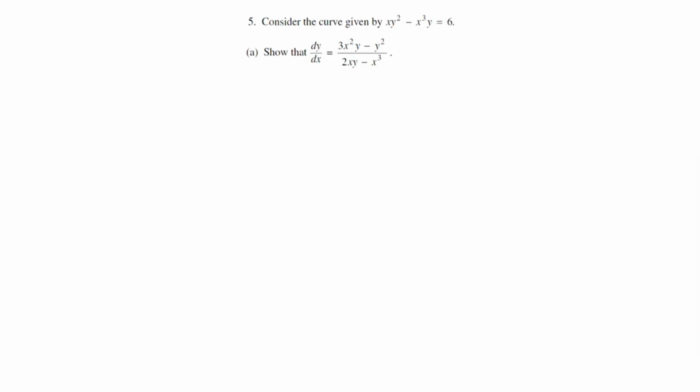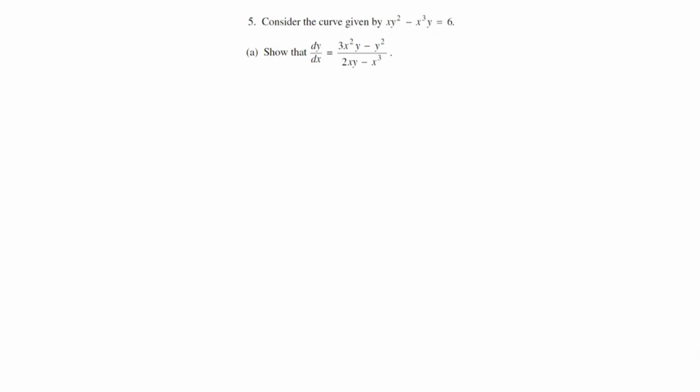All right, this is question number 5 from the 2000 AP Calculus AB exam. It's a function FRQ where we're given the curve xy squared minus x cubed y is equal to 6. And we're first asked to show that the derivative is that expression that they've given us. So we'll take the derivative implicitly with respect to x, and we'll require the product rule for xy squared and for x cubed y.